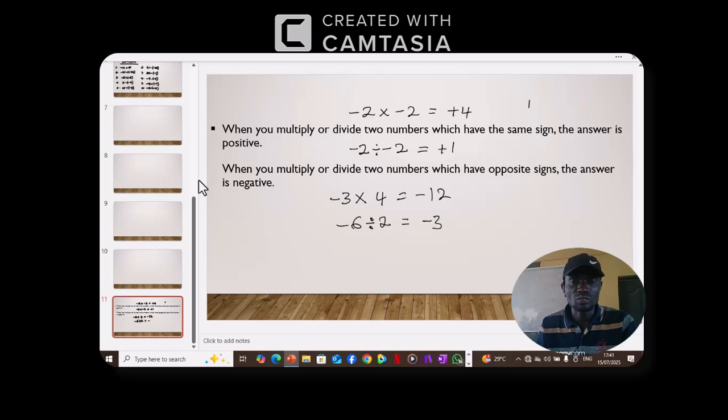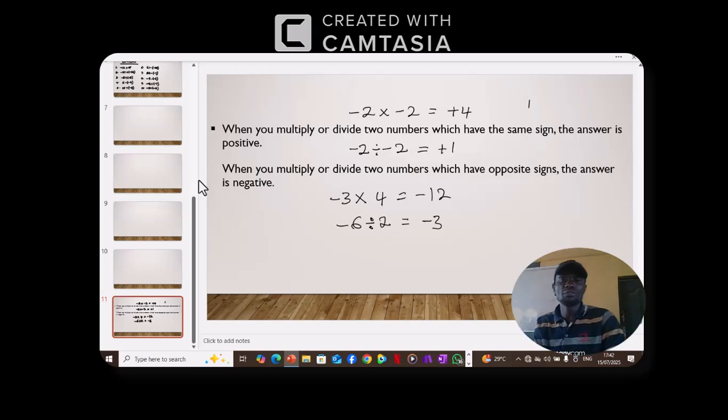That is, 6 is negative, 2 is positive, so negative divided by positive will give you negative. When you multiply or divide two numbers that have opposite signs, the answer must be negative.